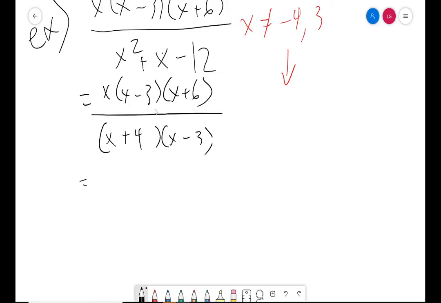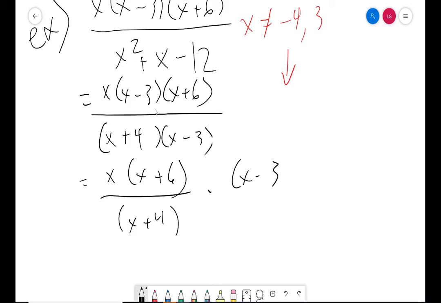Now, what are we looking at here? Let's do a little reordering. Okay, so just commuting this multiplication, saying it doesn't matter if we multiply a times b or b times a, it commutes.